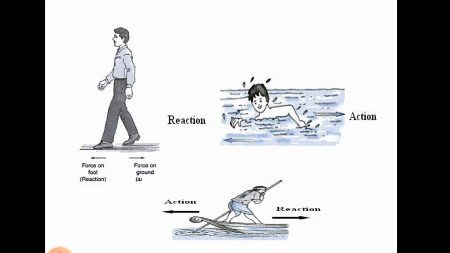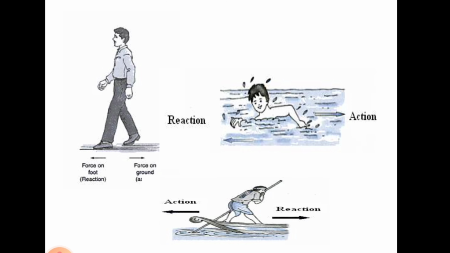Even when a person is walking, when a person walks on the ground, he pushes the ground with his foot in the backward direction. This push is known as the action. And an opposite reaction acts on the foot of the person by the ground.